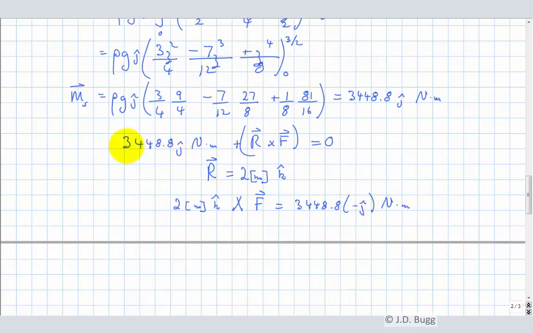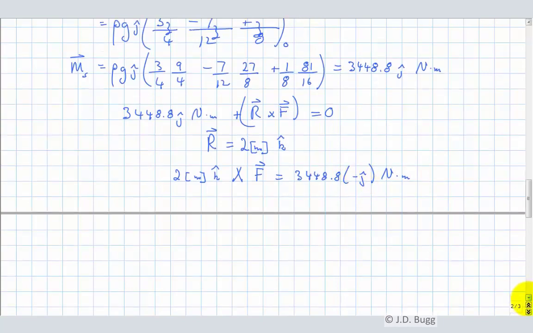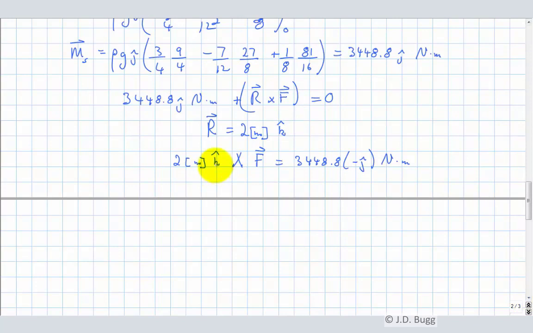So notice the negative sign, by taking this over the other side, I've attached to the direction here, minus j. So take a look at this. k, if we just think about the direction of these things, the magnitude is going to be just 3448 divided by 2, that's all fine. But k cross what is equal to minus j? Well, that's where the direction of our force comes from. So the force, its magnitude is 3448.8 divided by 2.